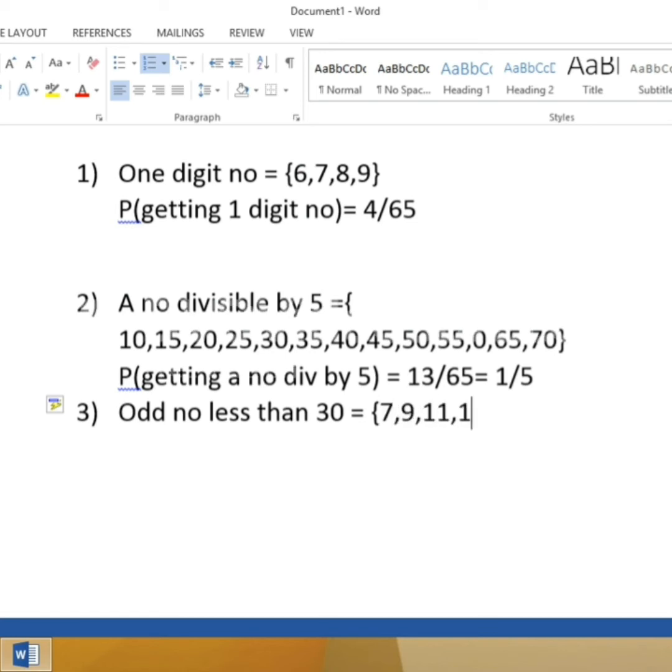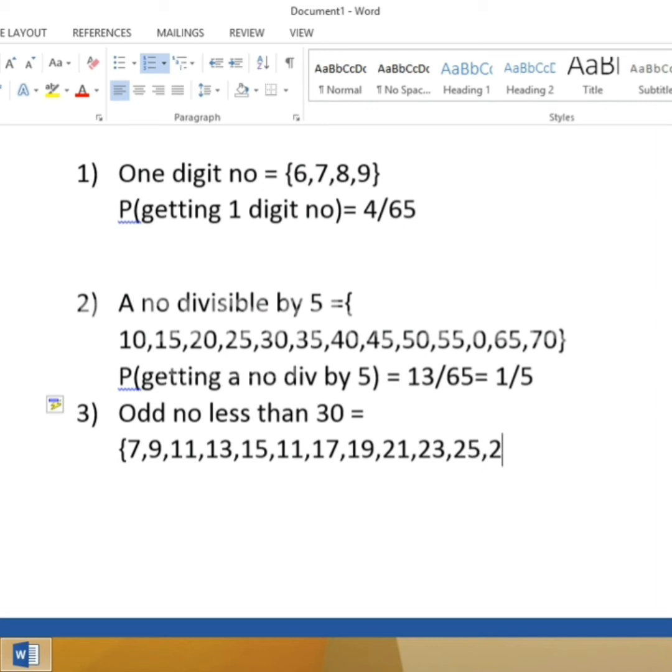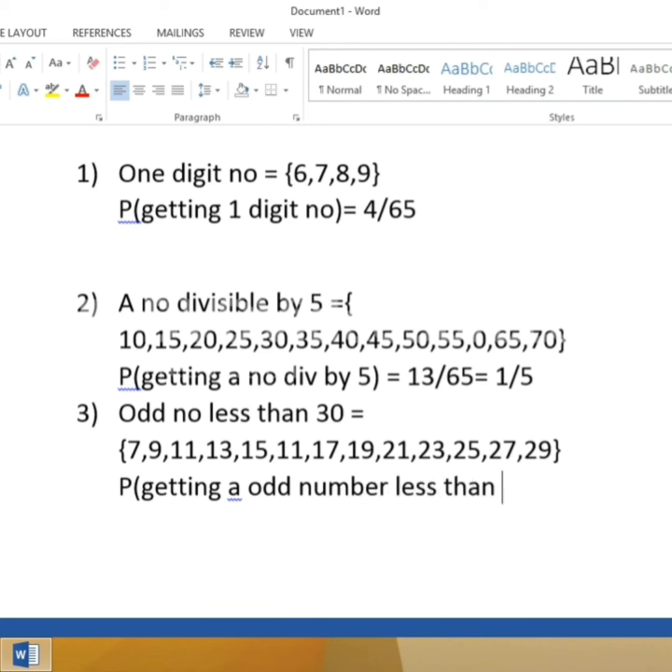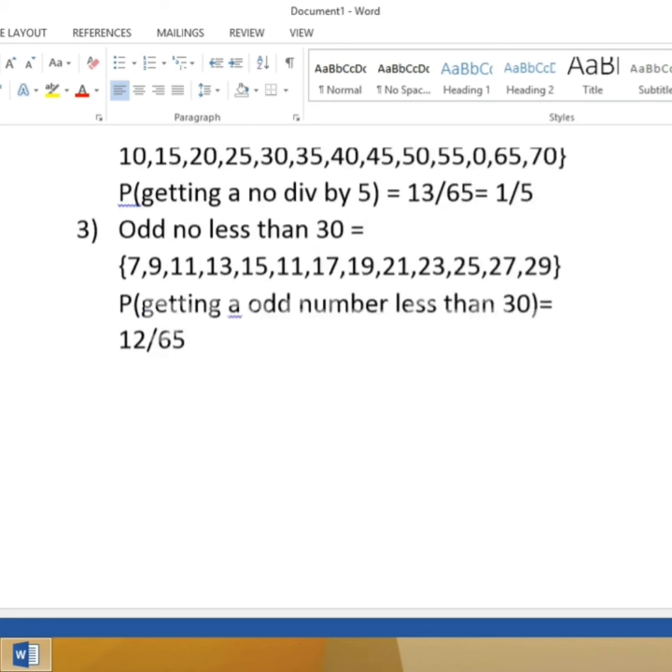So 7, 9, 11, 13, 15, 17, 19, 21, 23, 25, 27 and 29. So the probability of getting odd numbers less than 30 is equal to the possible outcomes listed above by the total. So 12 by 65.